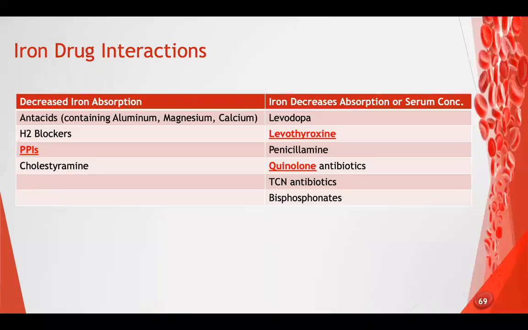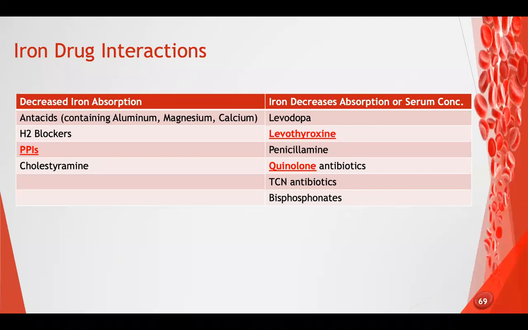We do have to make sure that we are making individuals aware of those drug interactions with iron, because we do know that there are lots of drug interactions. These medications on the left can cause decreased iron absorption. So are antacids, because they affect the acidity of the stomach, and iron is best absorbed in an acidic environment.